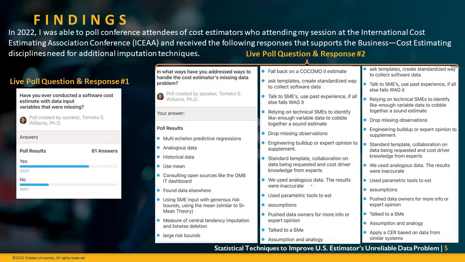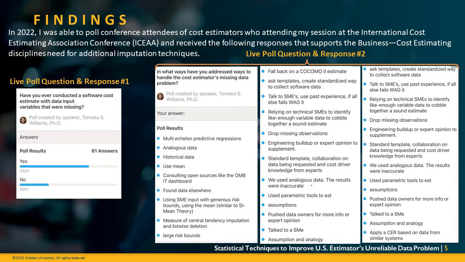Some people say use analogous data and historical data, but the point of my study is, what if that historical data doesn't exist, or you don't have any analogs to go to, because you've exhausted the possibility? What can you do other than say, I'm sorry, I can't give you an estimate, which is unacceptable? So in any case, it gives you some ideas of what some people were thinking.